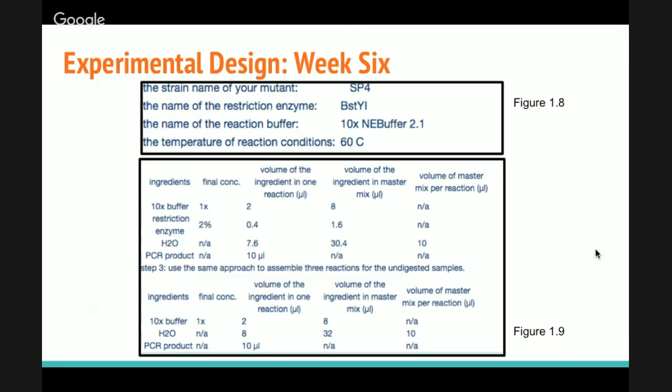The procedures for that were we had to digest the 3 PCR products using the restriction enzyme, which we identified as BstYI, so that we can distinguish our mutant MSH2 from the wild type MSH2, and then run the digested products on the agarose gel to determine which plasmid DNA contains the MSH2 insert. And our specific enzyme, BstYI, had an ideal temperature of 60 degrees Celsius, and the reaction buffer was 10x NEB buffer 2.1.